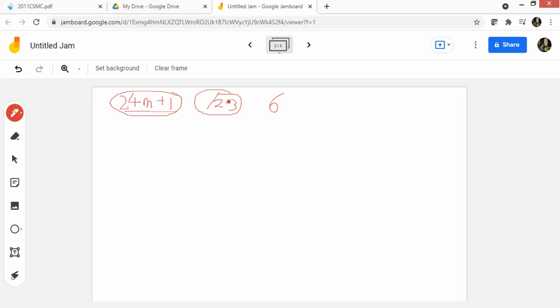If you start with 6, all numbers can be represented as 6n plus 1, 2, 3, 4, 5, 6. All the numbers can be written this way.